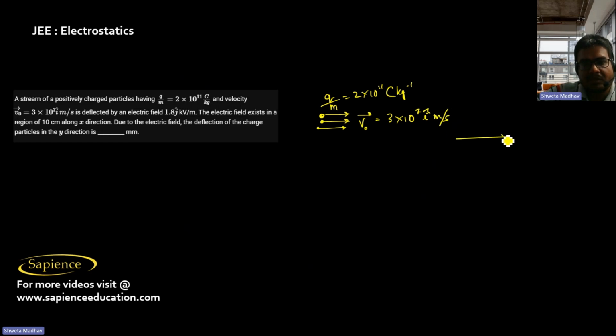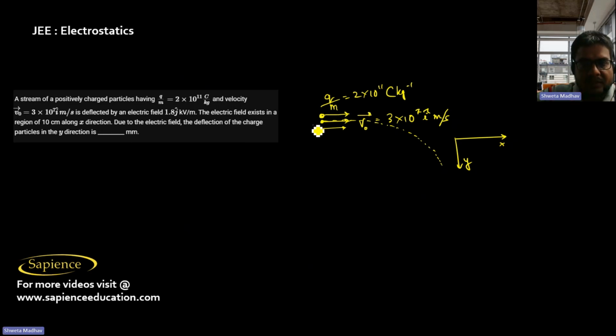So they are taking this as the x-axis, and this one as the y-axis. Therefore they will undergo some deflection in their trajectory.